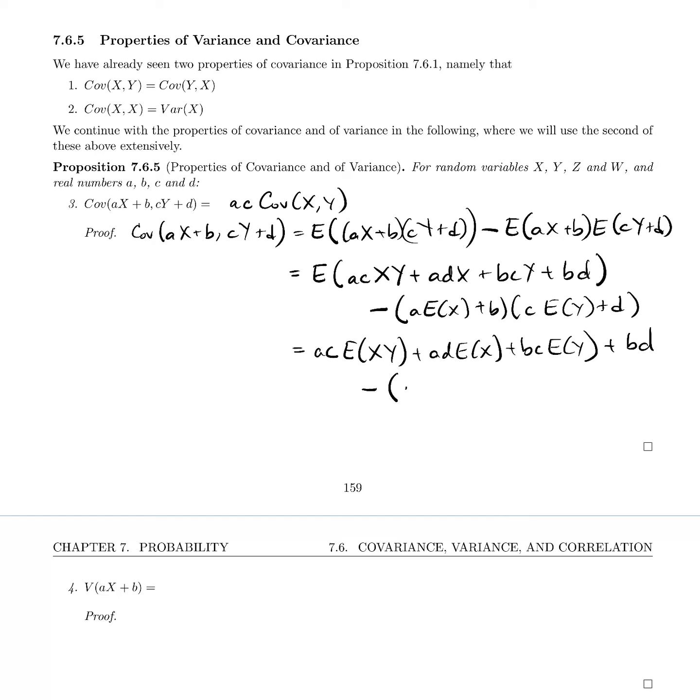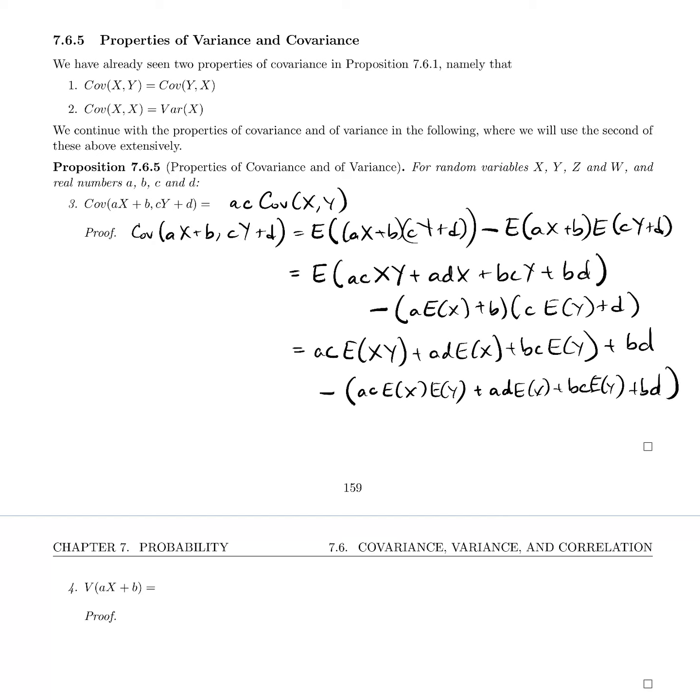So minus ac times the expected value of X times the expected value of Y, plus ad times the expected value of X plus bc times the expected value of Y, and then plus bd.